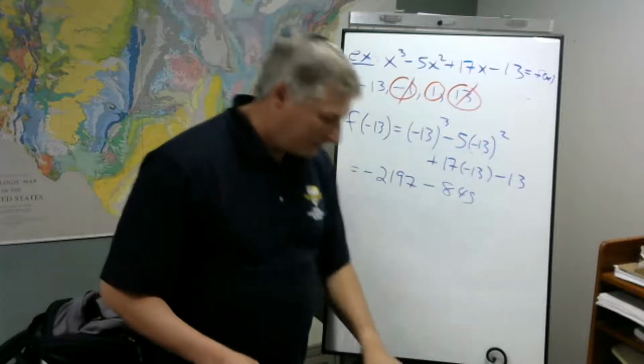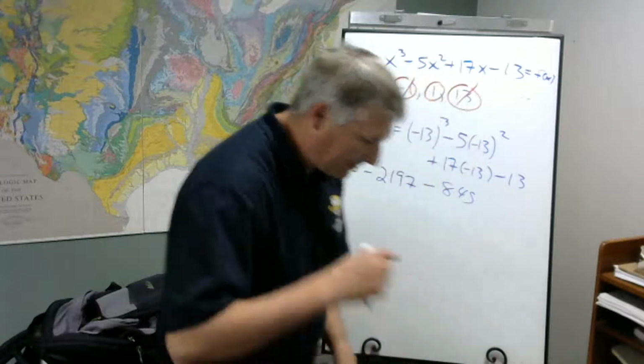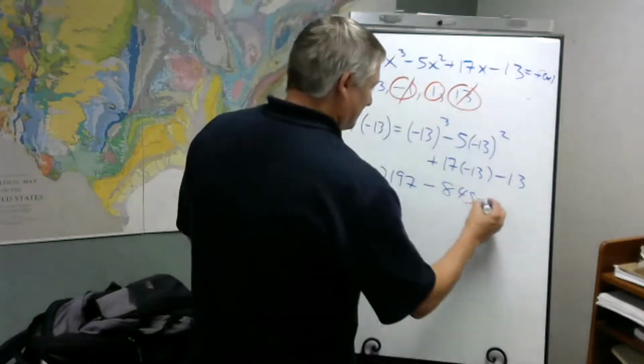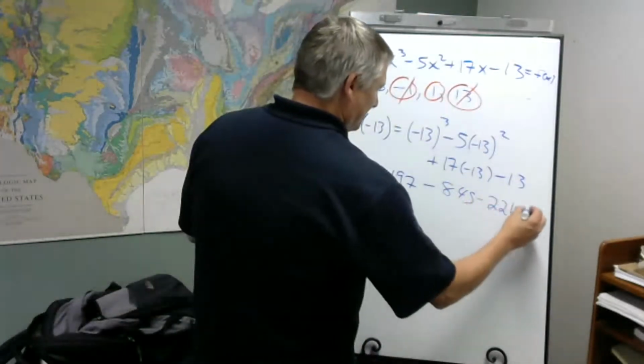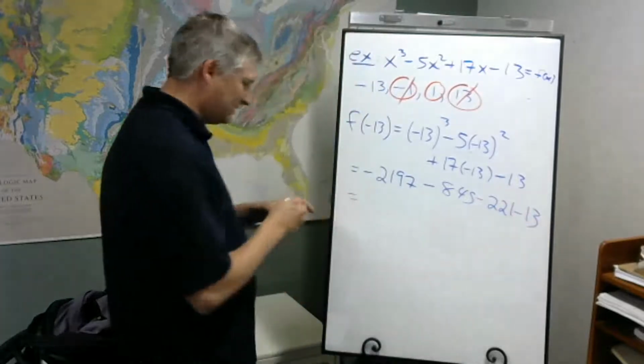Another positive and a negative. There's your 221. Minus 13.